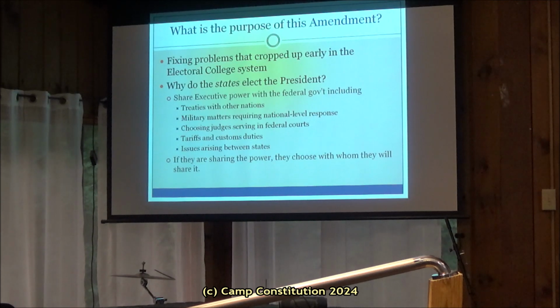We were just talking about what powers the states share with the federal government. They share executive powers. So since they are sharing their executive powers, they get to choose the executive they're going to share those powers with. And the mechanism for doing that is the Electoral College.